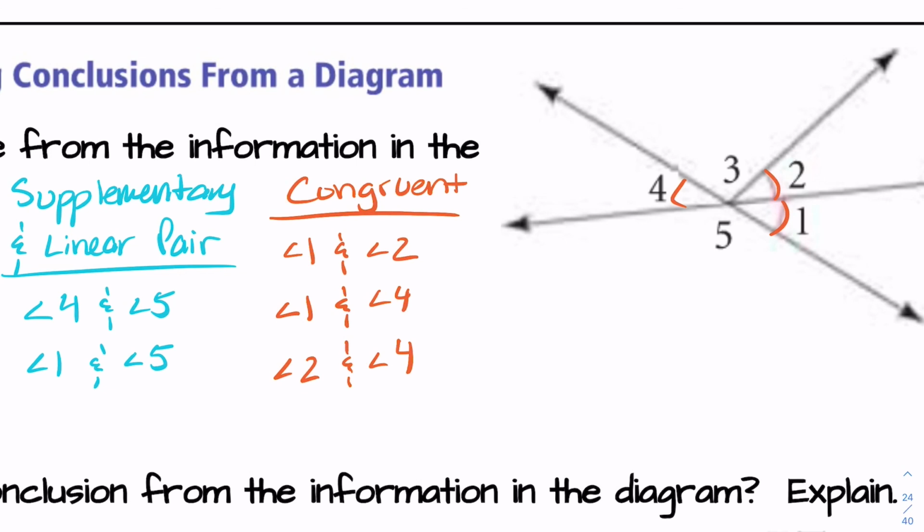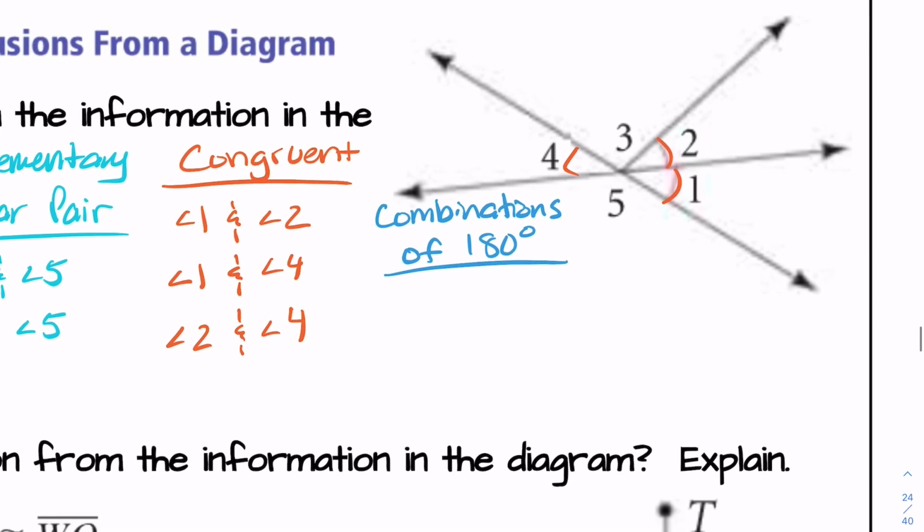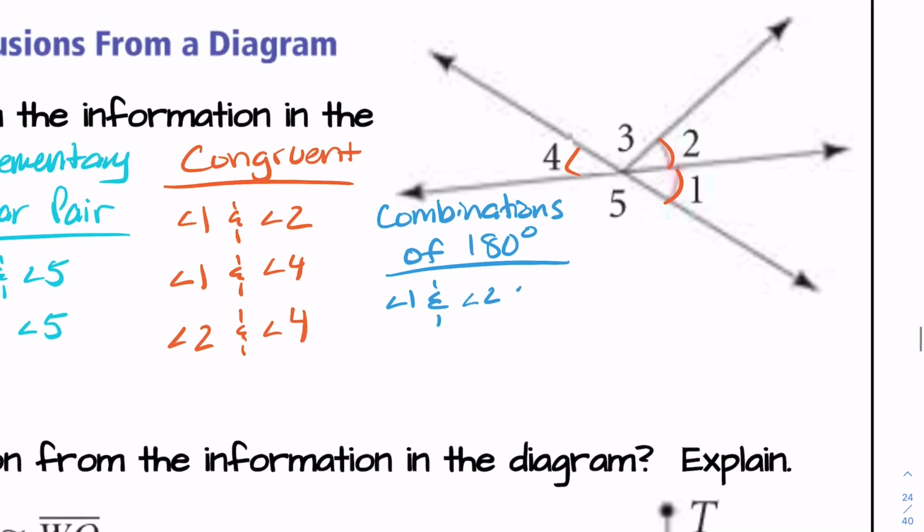What else? What combinations add up to 180 degrees? Combinations of 180. We have, well, angle 1 and angle 2. Okay, let's start over. My pen's not working.